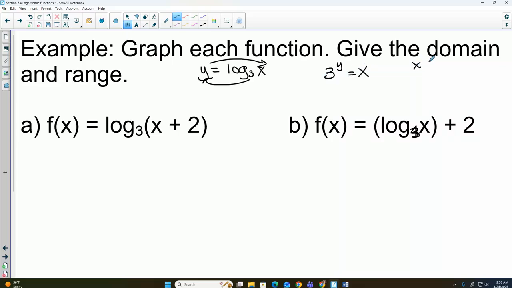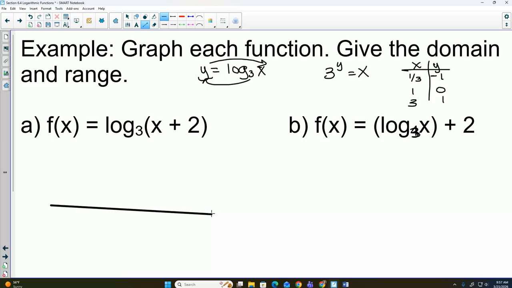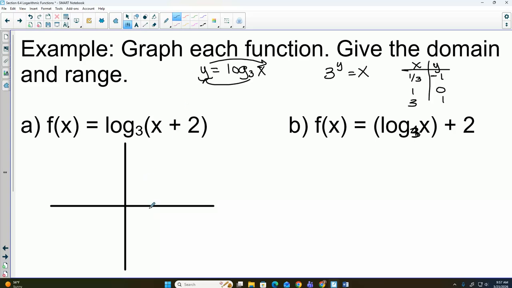So the t-chart for my parent function, we do -1, 0, and 1 for the y. 3 to the -1, 3 to the 0, and then 3 to the first is 3. So I plot my parent function.